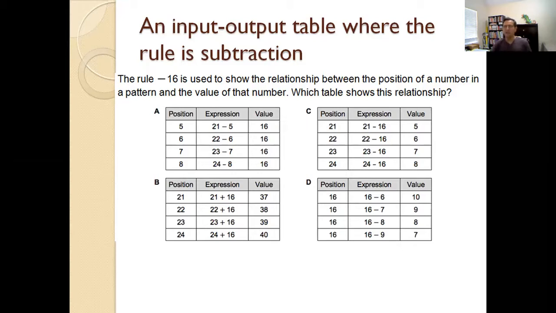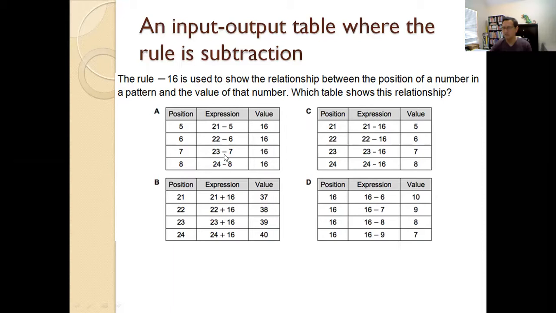So analyze option A. Position 5, 6, 7, 8. Remember that I said previously that it shouldn't always start with number 1. It could start with another number, like 5, 6, 7, 8 is correct. So return to the rule. The rule is minus 16. Now look at the expression. 21 minus 5, 22 minus 6, 23 minus 7, 24 minus 8.